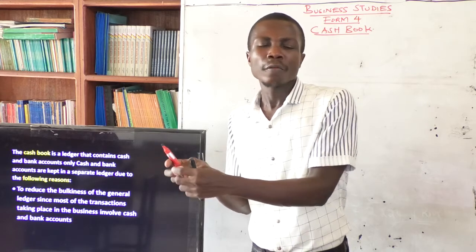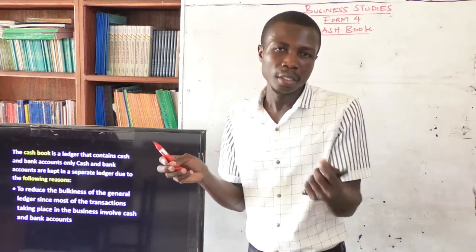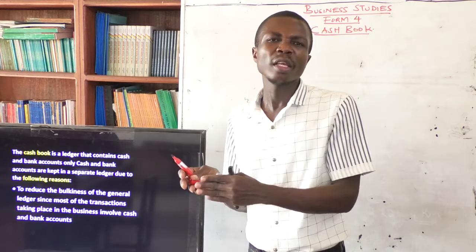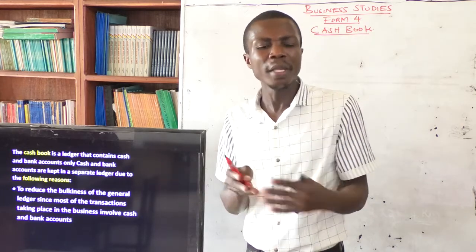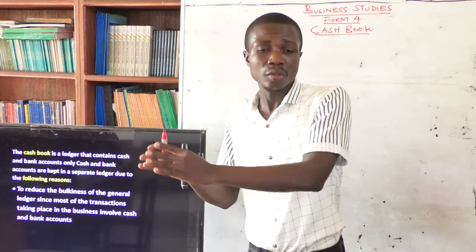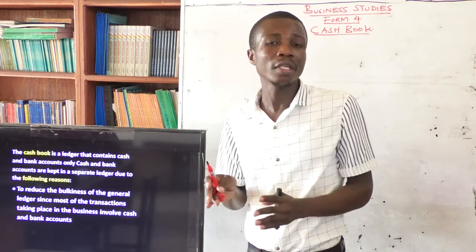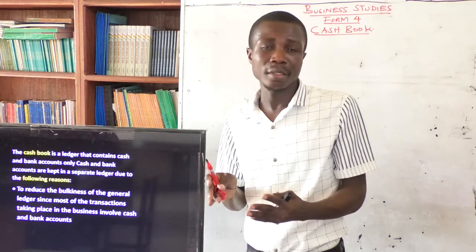It makes it easy for the final transactions from the ledger to be taken to the cash book. So it reduces all the information, and all the transactions that could have been placed in the cash book are always summarized.